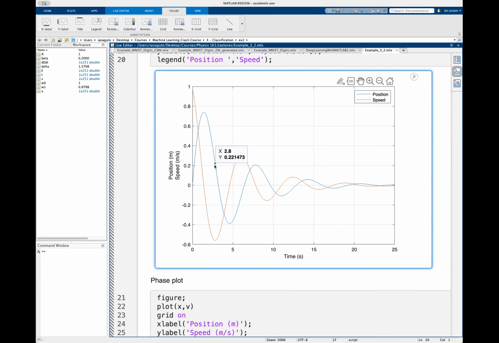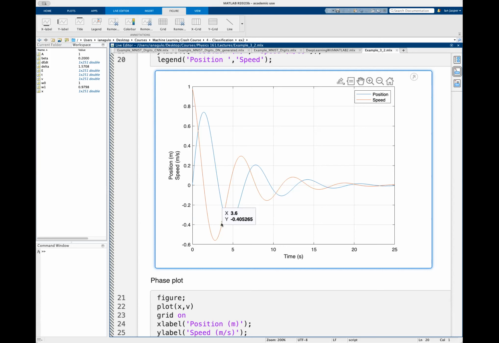Ang tawag dito, this motion is damped, and it actually reaches the equilibrium position at some velocity which is not the maximum velocity. Okay, so nandun pa rin yung behavior, yung interaction ng position at saka velocity na ang ginagawa ng force is hinihila niya towards the equilibrium position yung particle.